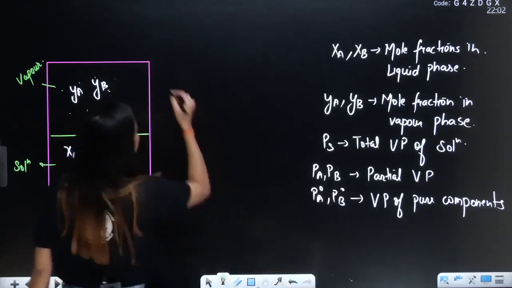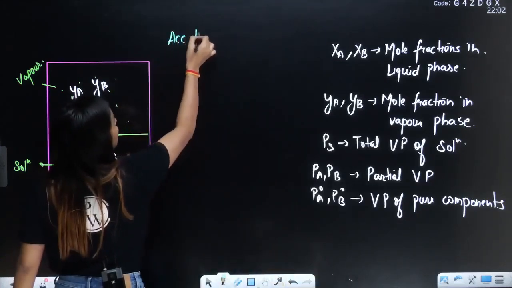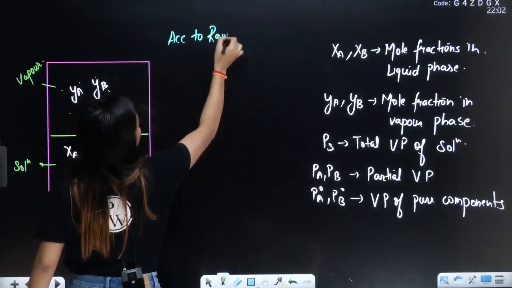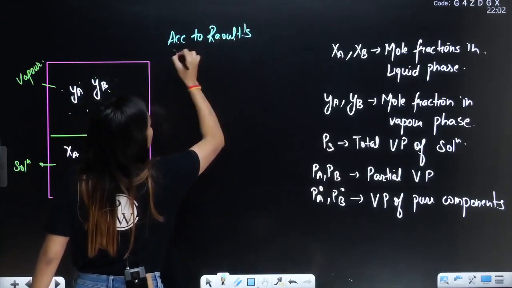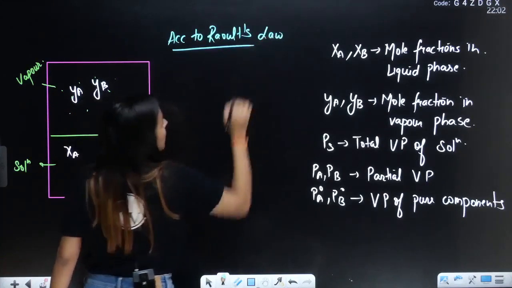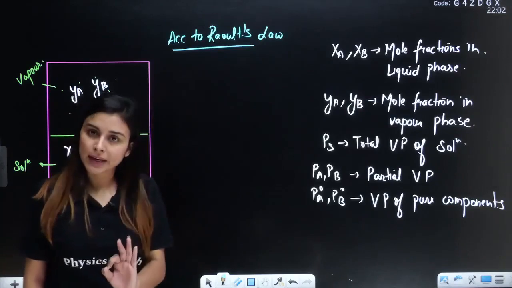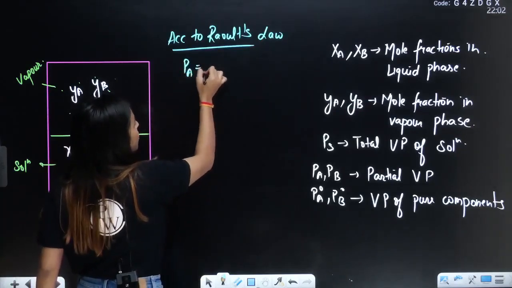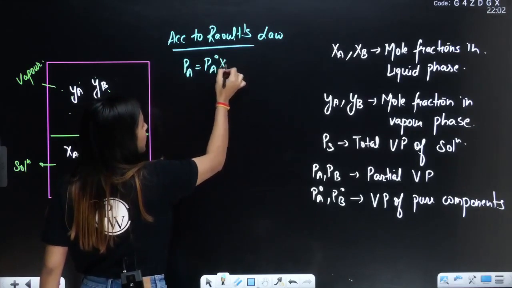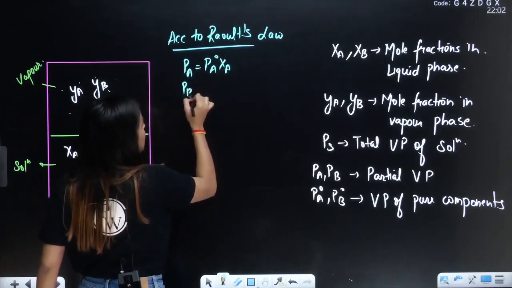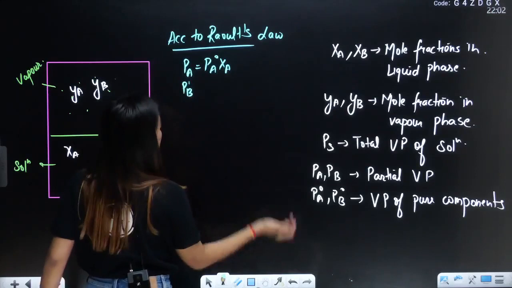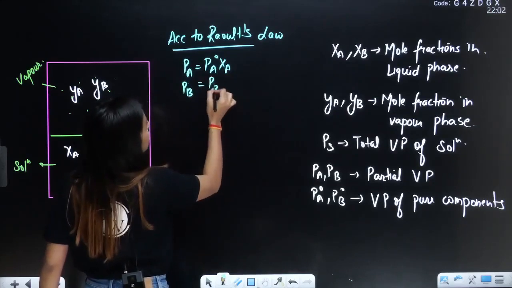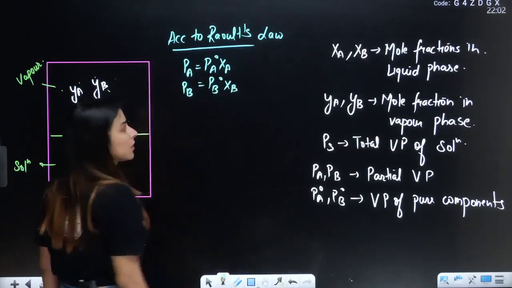Now, according to Raoult's law, I know very simply that PA is equal to PA naught XA and PB is equal to PB naught XB. Clear?